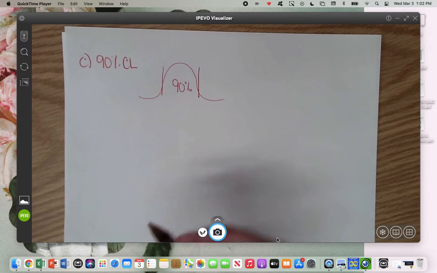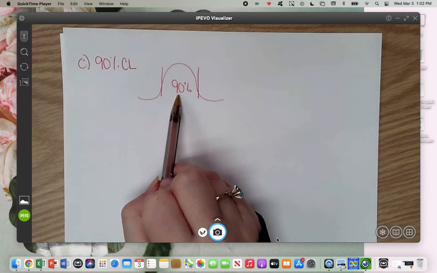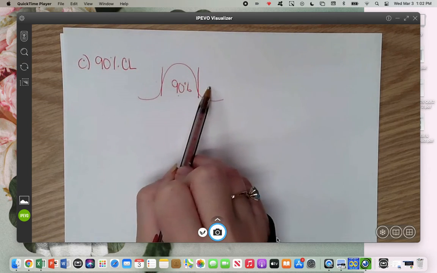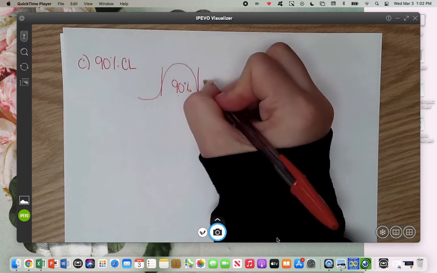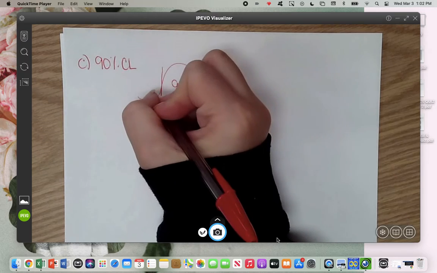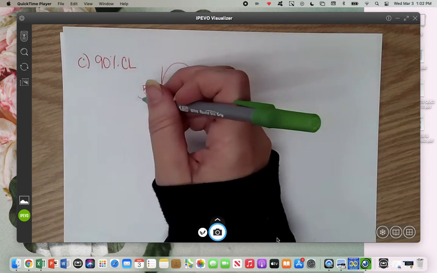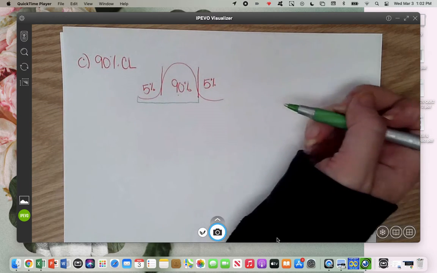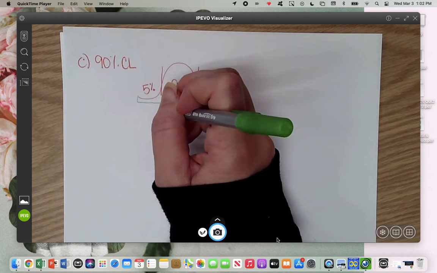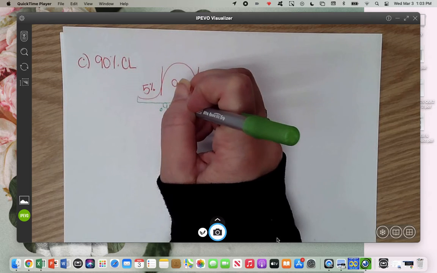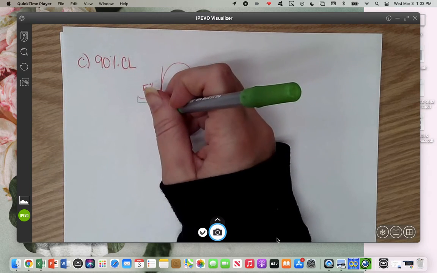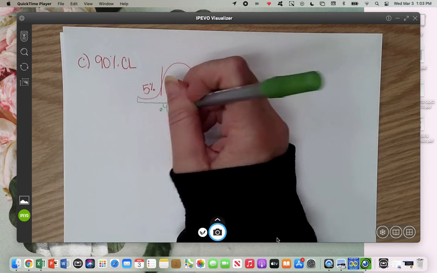The whole entire curve has to add up to 100. So if this is 90, the outer two have to add up to 10 to make that 100. So that means each side is 5. So then for our chart, we include the left tail, not the right tail. So 5 plus 90 means I'm looking up 95% on the chart, or 0.95.